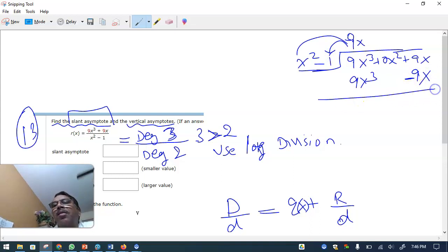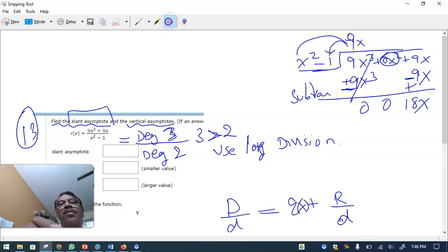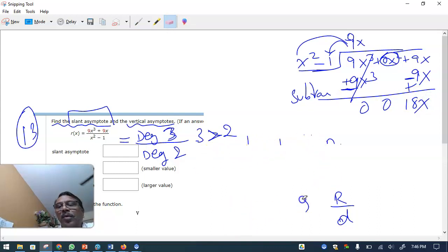So you subtract, and when you subtract, you change the signs. So this was plus, now it is minus, so this becomes 0. And there's nothing here, so it's 0. And then this one is 18x. So what we got here is the quotient.